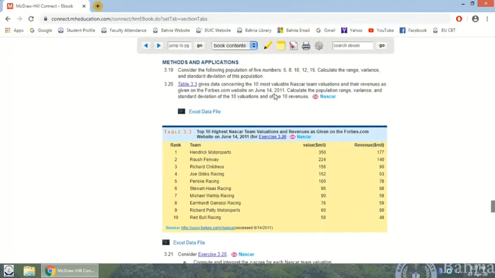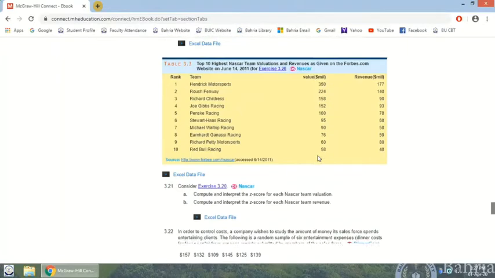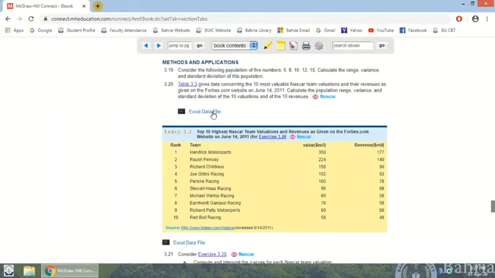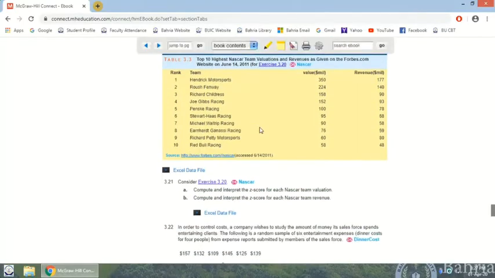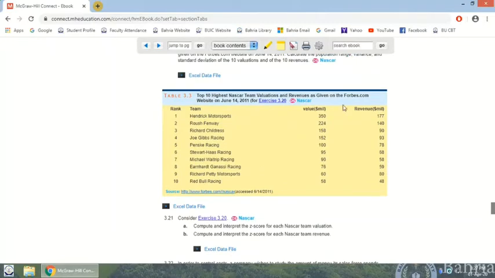I expect that you can calculate the range, variance, and standard deviation of 10 valuations here. This is x, and this is for the revenues, given the concerning valuation. So this is the revenues, this is probably our target, and simplify it for the revenue.